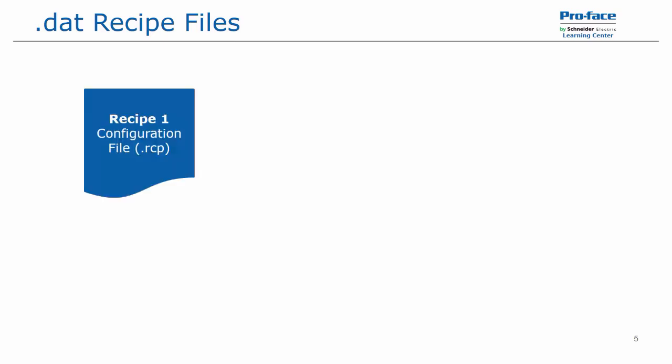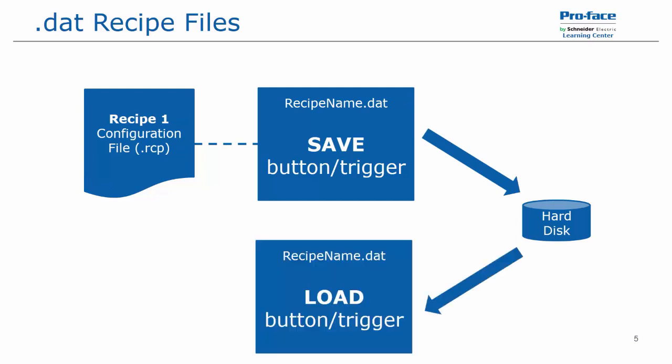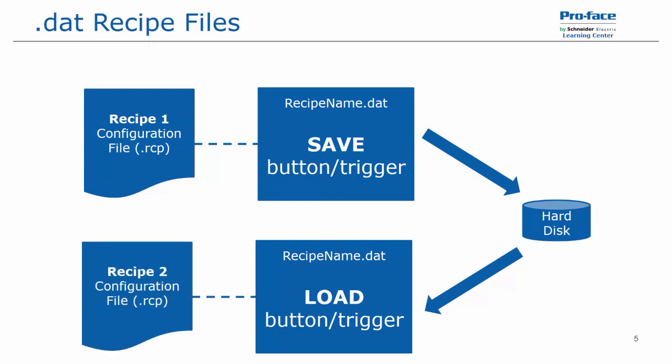So what that means is that a recipe configuration file will instruct what data needs to be stored, and through a save action, be it a button or trigger through the application, that data will be saved off as a DAT file onto the hard disk. Then a load trigger or action through the application can read the information from that DAT file off of the hard disk and then read it into another recipe configuration file. It could also go to the same file.